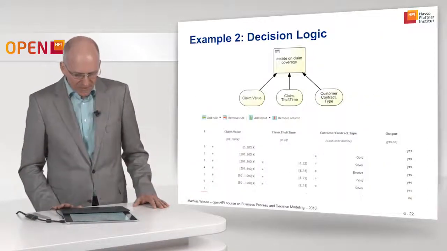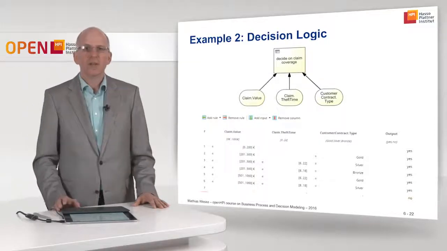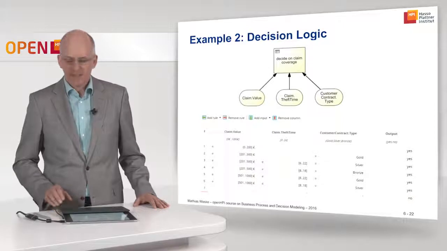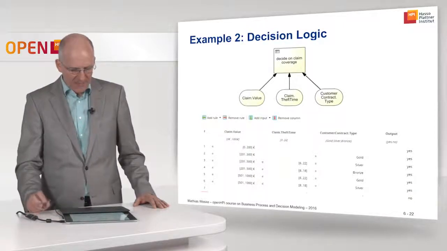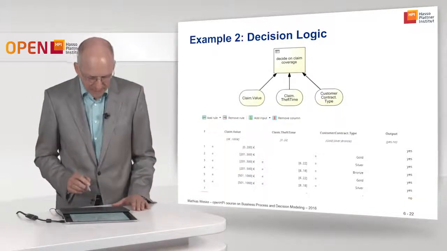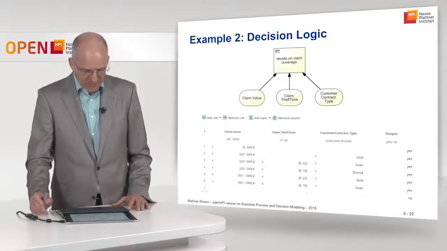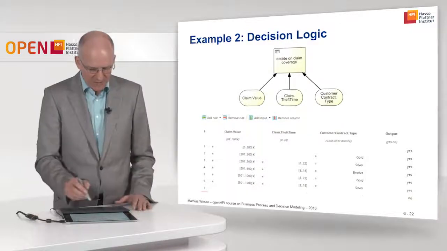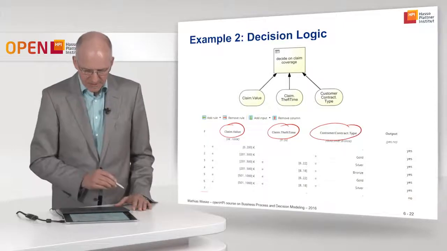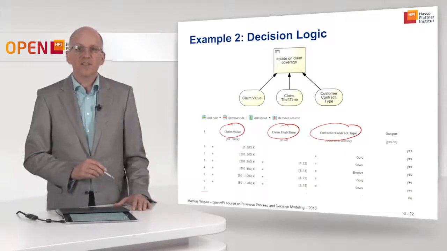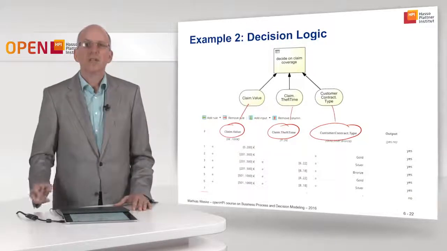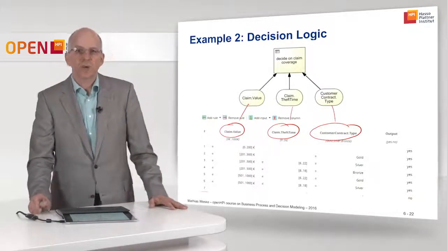So looking now at the decision table, we came up with a decision logic for deciding whether the claim should be covered or not. And we have it here in the lower part of this slide. So let's briefly talk about some of the rules that we have here. We have the claim value, we have the claim theft type, and we have the type of the customer contract. And these refer to exactly the inputs to the decision in the decision requirements diagram.